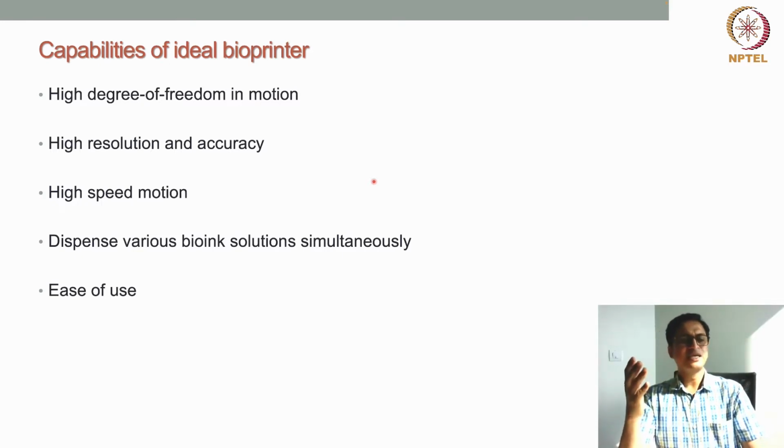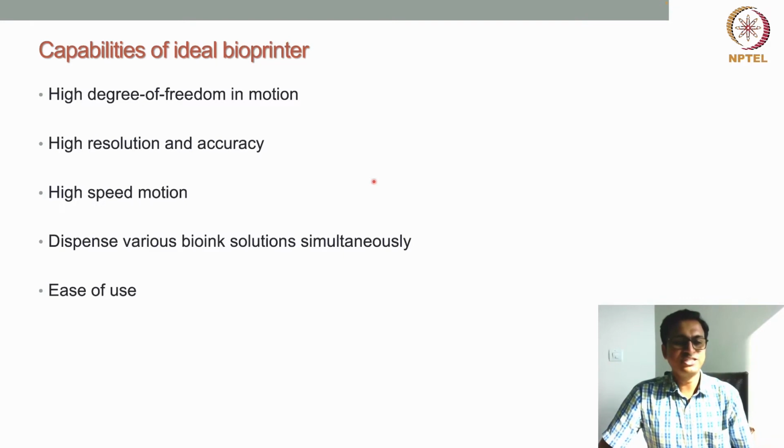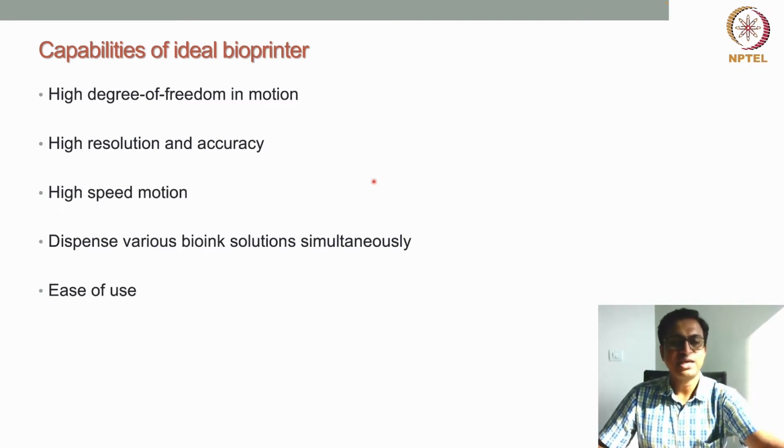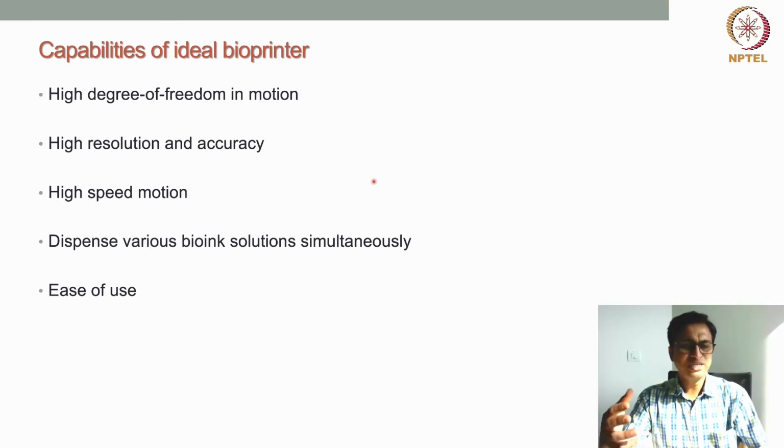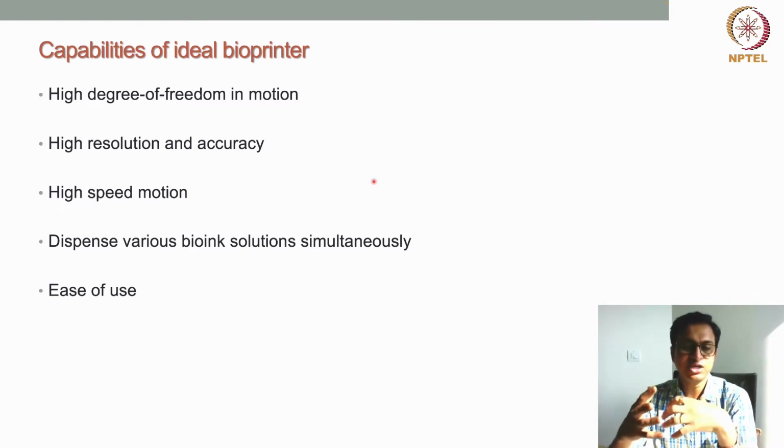The other thing is the printer should be able to dispense various bioinks simultaneously. When I am trying to print tissue structures, they are multicellular, because all our tissues have more than one type of cell. If I want to create a multicellular construct, I should have the capability of dispensing more than two different bioinks.